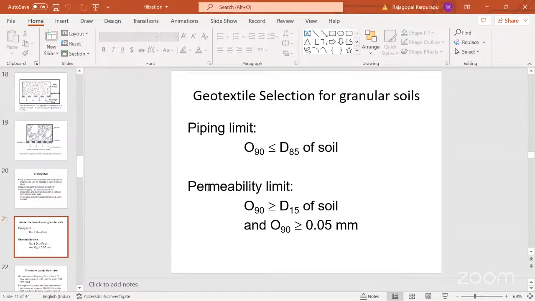So what this criteria says is you select a geotextile that meets these requirements. Here it is written, geotextile selection for granular soils: the O90 of the geotextile should be less than D85 of the soil and greater than D15 of the soil.